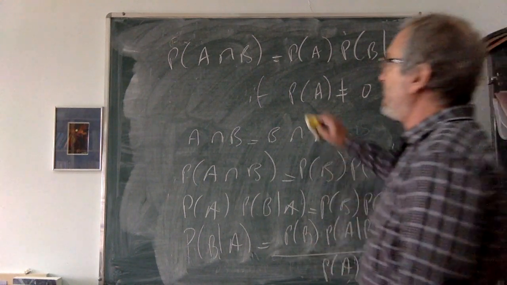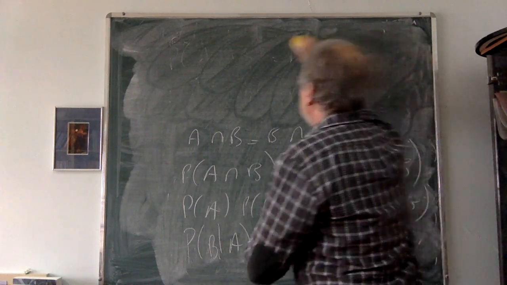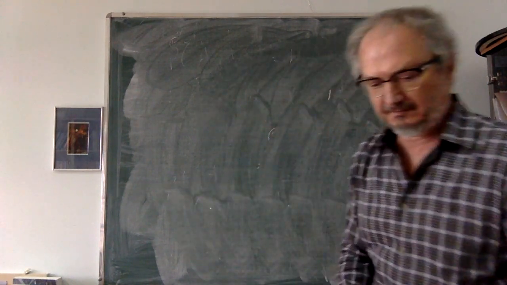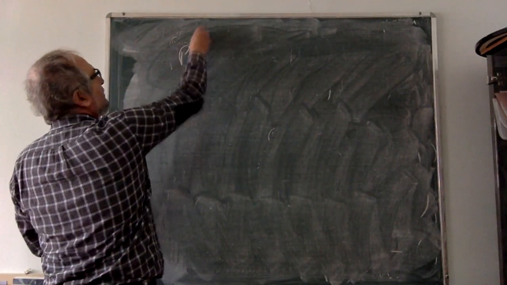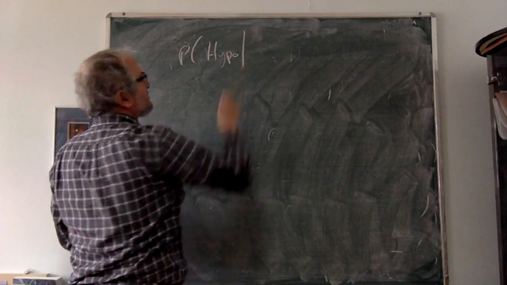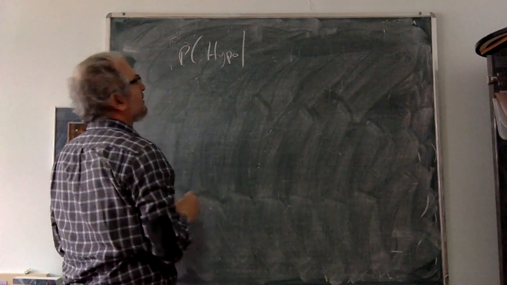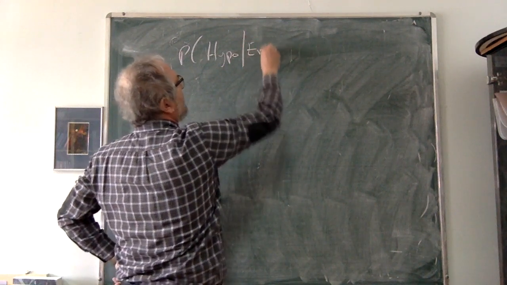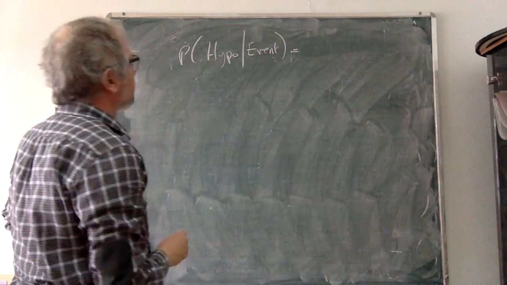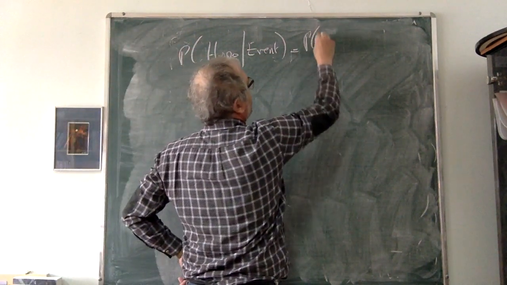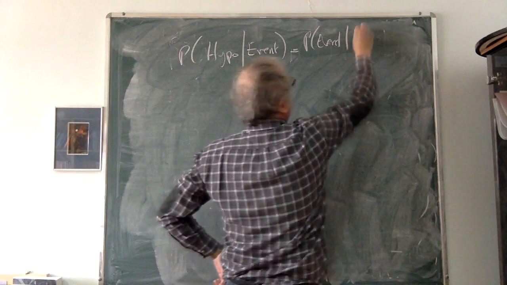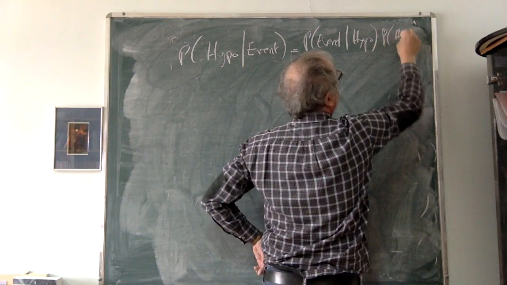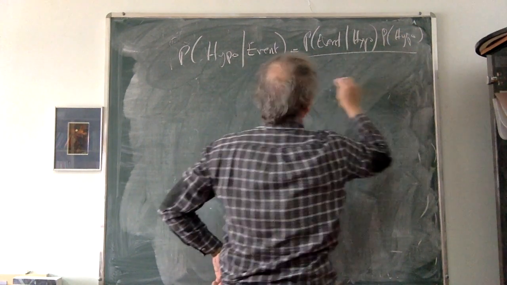But the way this is interpreted in Bayesian inference is, say, probability of hypothesis given an event is probability of event given the hypothesis, times probability of the hypothesis, divided by probability of the event.